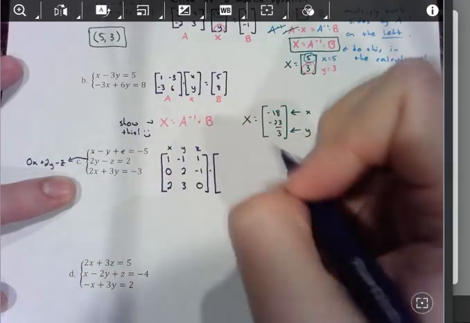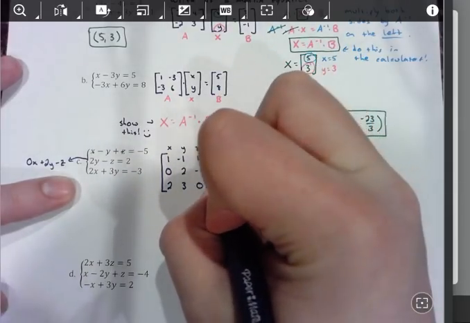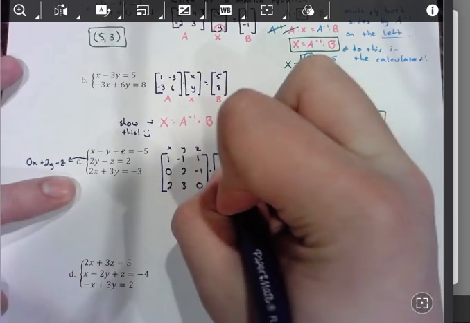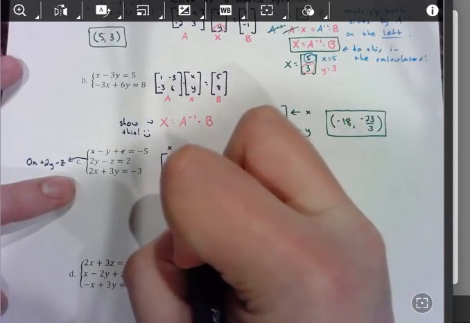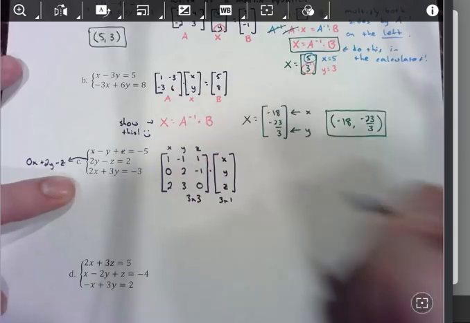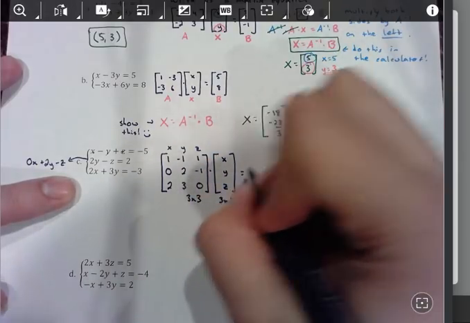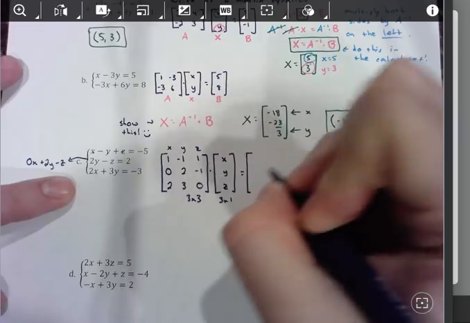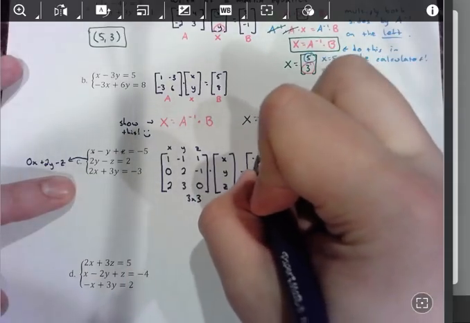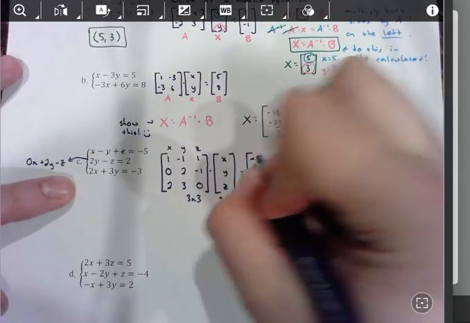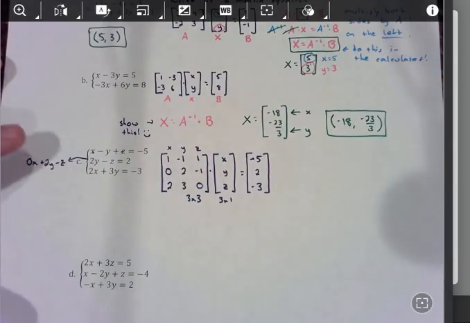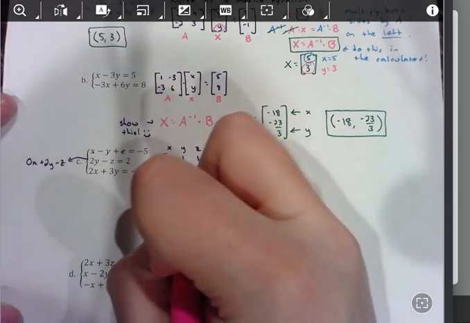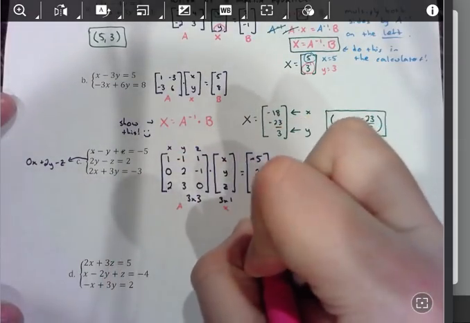Since we have x's, y's, and z's, we need to reflect that: X, Y, Z. So now we have a 3 by 3 and a 3 by 1. Still legal, you can still multiply them. And it's still going to equal a 3 by 1, negative 5, 2, negative 3. I'm going to go ahead and name these things. That's still A, that's still X, that's still B.